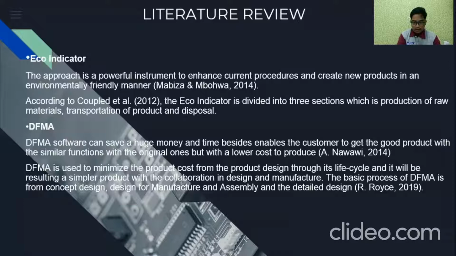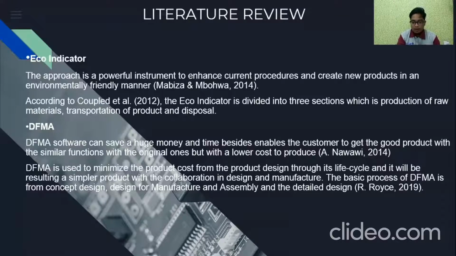And lastly is the DFMA. The DFMA software can save a huge amount of money and time-based designs, enabling the customer to get a good product with a similar function to the original ones but with a lower cost to produce, by Nawawi.